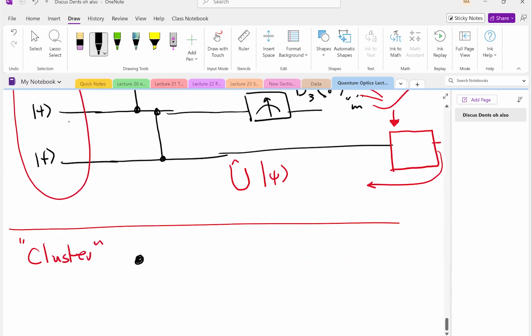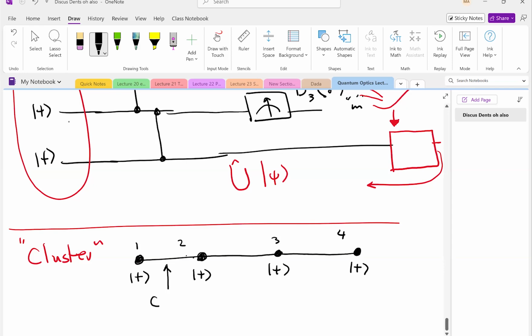So if I have these 4 physical qubits, I initialize each one of them in the state ket plus. And then whenever there is a bond between 2 qubits, 1, 2, 3, 4, there's a bond between 1 and 2, 2 and 3, 3 and 4. I do a controlled phase between 1 and 2, a controlled phase between 2 and 3, a controlled phase between 3 and 4. This generates some input state.